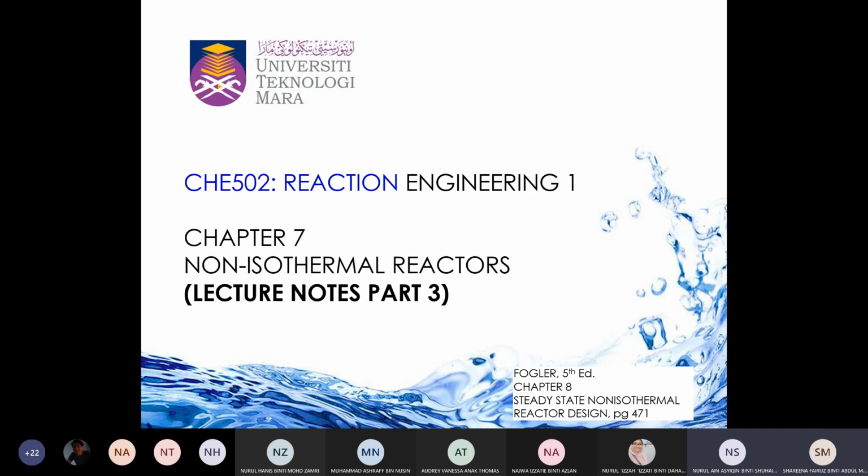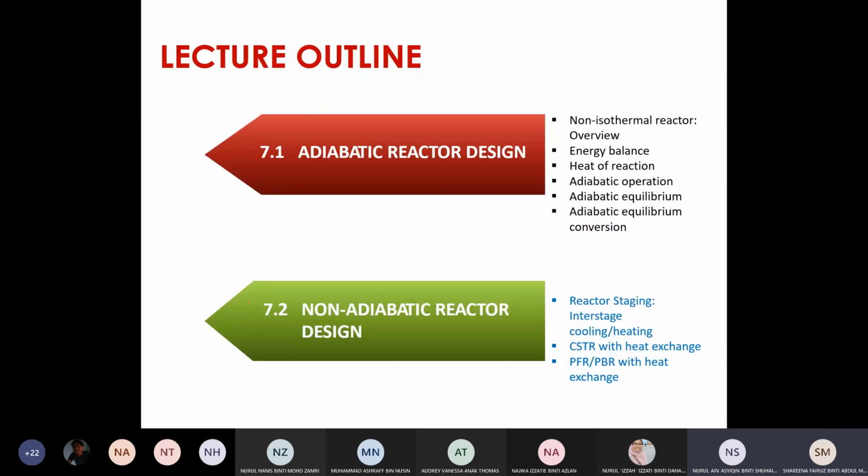Part 3 is about this subtopic, non-adiabatic reactor design, whereby you need to learn about reactor staging, which is where you may install stage cooling or heating between the reactors in order to cool down or heat up before the stream enters the subsequent reactor. You will learn about CSTR with heat exchange, and PFR or PBR with heat exchange.